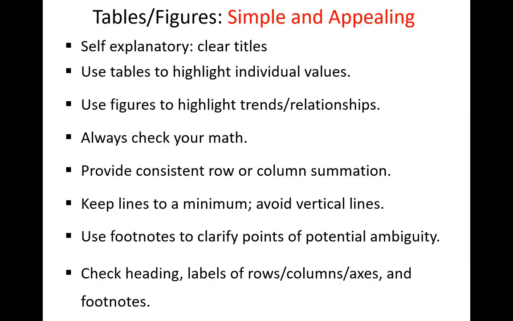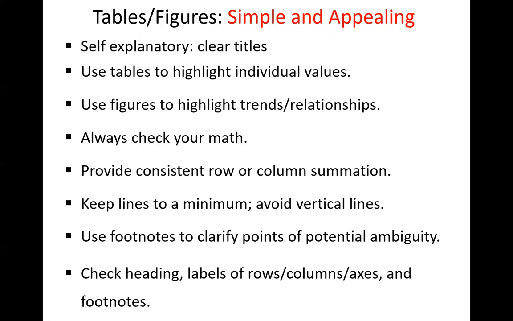So tables and figures need to be really simple and appealing. Simple and appealing are the keywords. The table should be self-explanatory, and therefore the title should be very clear. You can use as many footnotes as you want to clarify labels and sometimes explain categories.